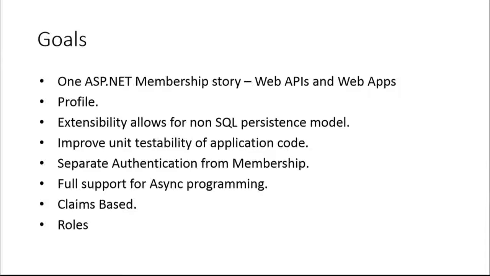In the older membership systems, many of our scenarios were around creating a local username with a password and managing that identity of the user. Going forward, in today's applications, a lot of people are logging in with their social identities, like Facebook, Twitter, Microsoft account, Google, and many more. A lot of applications also have stricter security requirements.